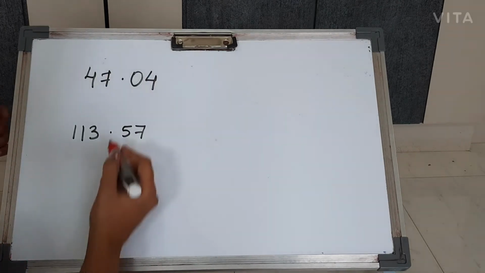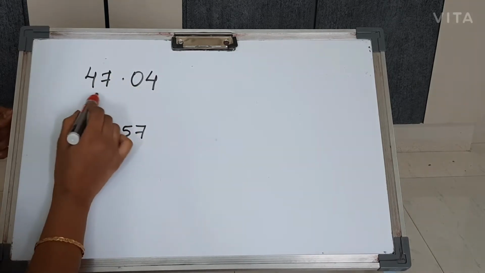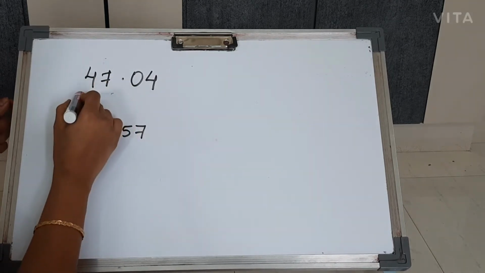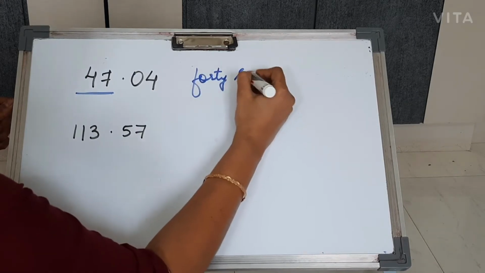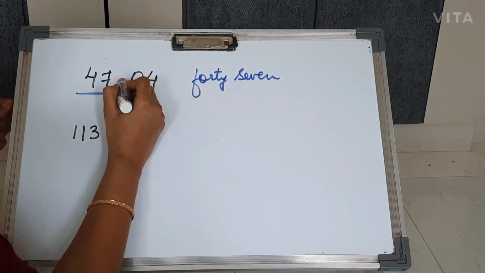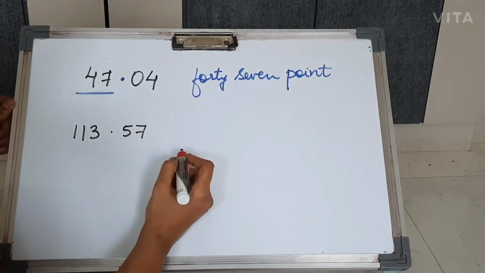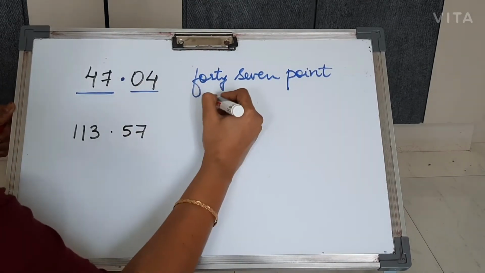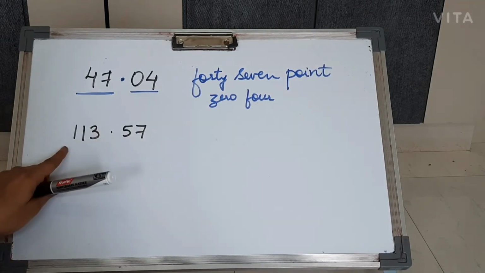Coming again, now in words, how will we read these numbers? Before the decimal, same as we are doing it, the number name. So this will be 47. Now this is the decimal, which is denoted by the word point, and then it is 0, 4. So this is the way we have to write it in words.